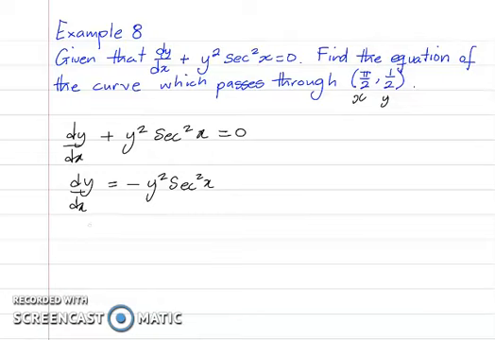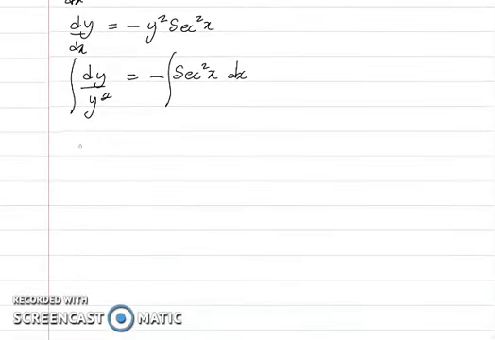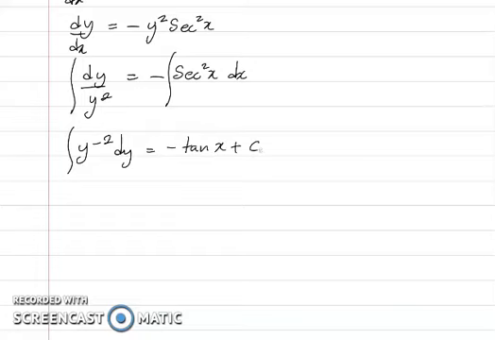I could say dy over y squared is equal to minus sec squared x dx. Then I can integrate both sides. So now I'm going to end up with y to the minus 2 dy is equal to, if I integrate sec squared, I'm going to get tan. So this is minus tan x plus c.